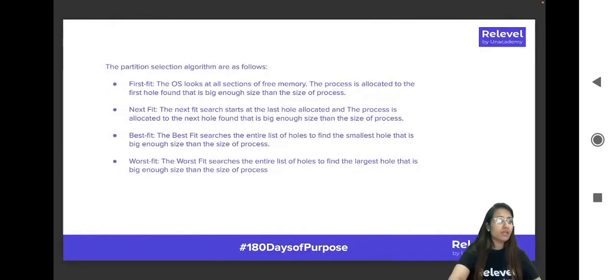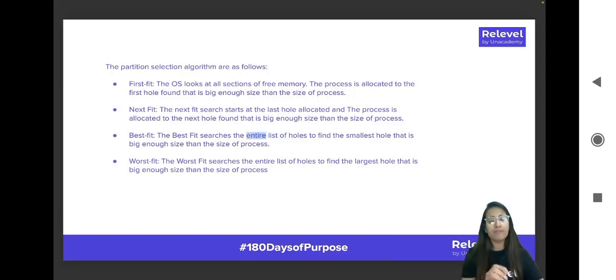Next, we will talk about best fit. In this strategy, we search the entire list first. It's not that we put the process in the first hole that satisfies the requirement. We search the entire list of holes to find the smallest hole that is big enough for the process.